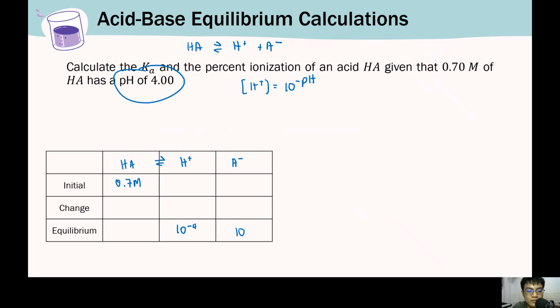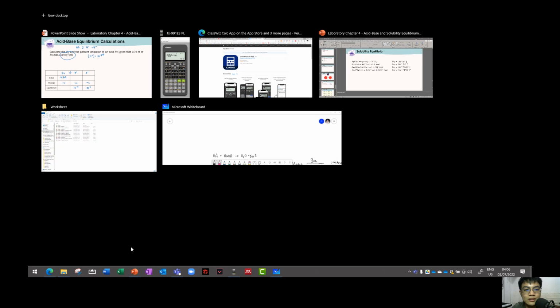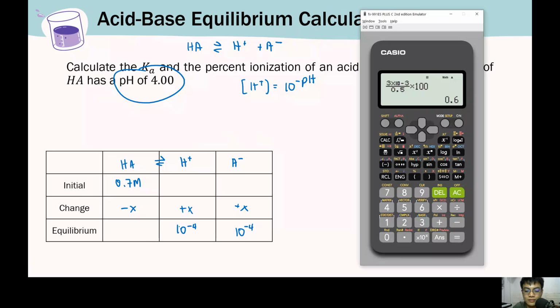Same as with the anion. So remember, plus x yan, di ba? Ito minus x. So meaning your HA is just 0.7 minus 10 raised to negative 4.